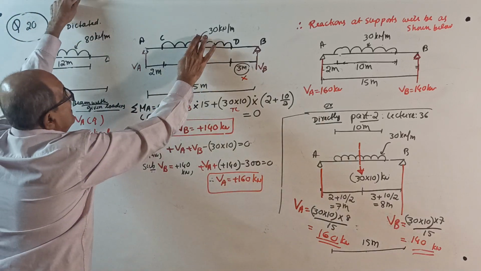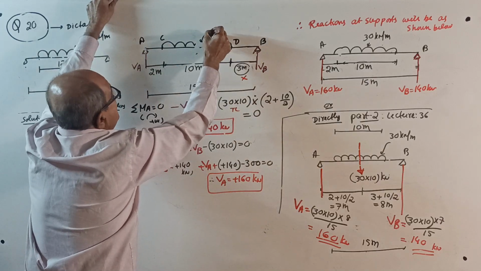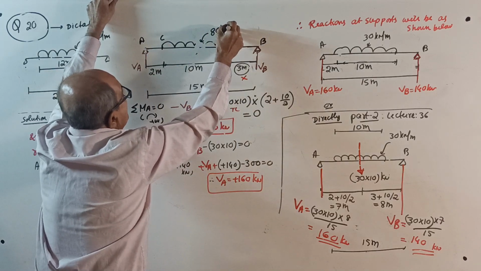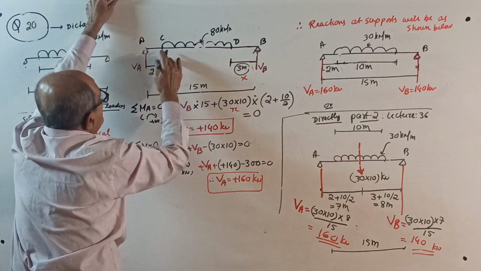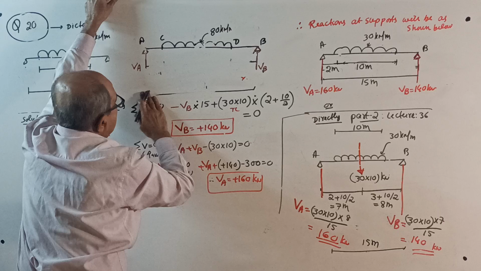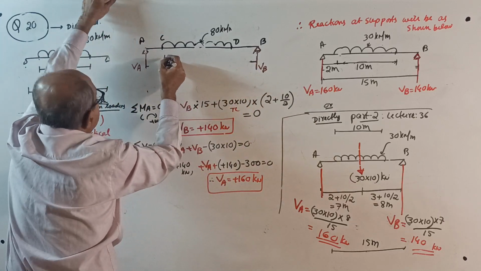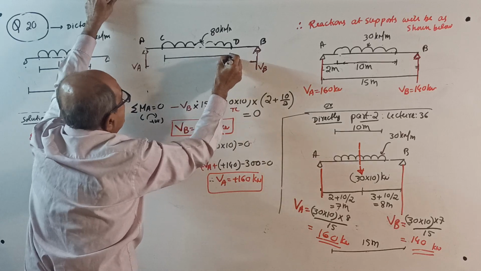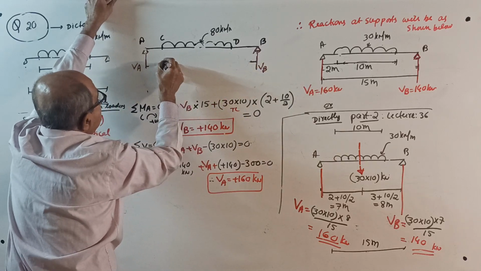Now see, how much UDL? 80 kilonewton per meter. Loaded length is how much? Like the earlier question, loaded length is 12 meter. I'll write here: loaded length is 12 meter.